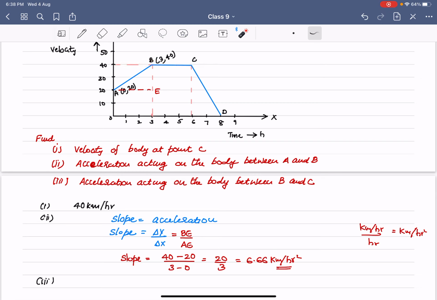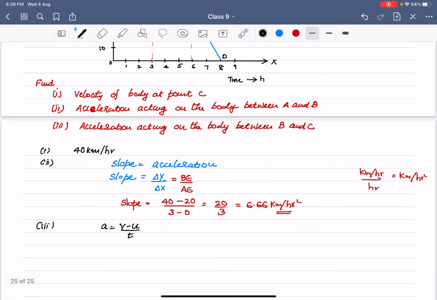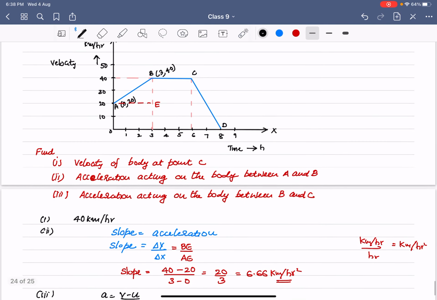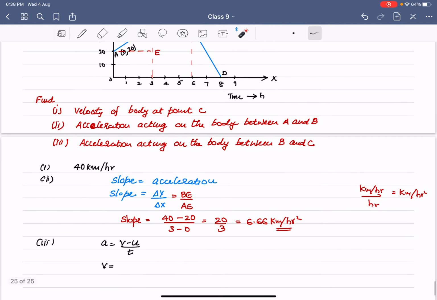40 kilometer per hour. And we know that we can define acceleration whenever we have change in velocity, v minus u by t. As far as this graph is concerned, there is no change in velocity. Velocity throughout the journey from point B to point C is 40 kilometer per hour, right?